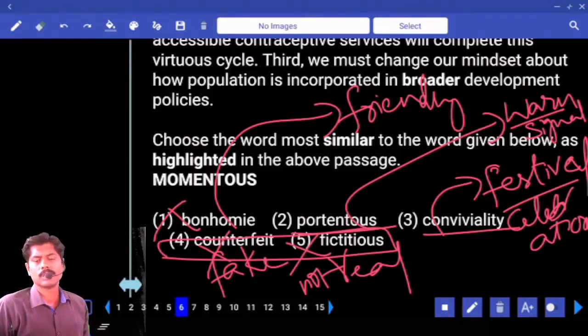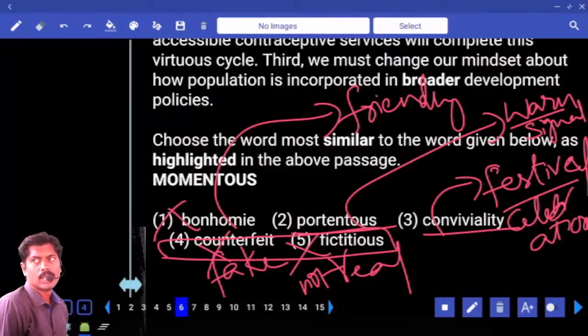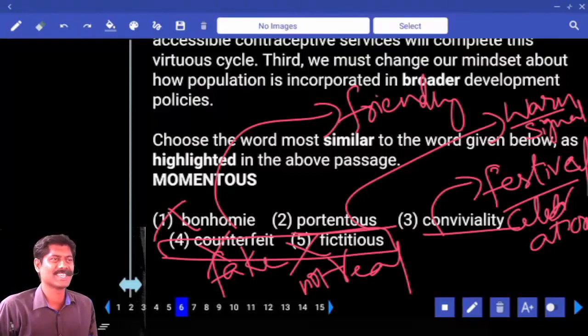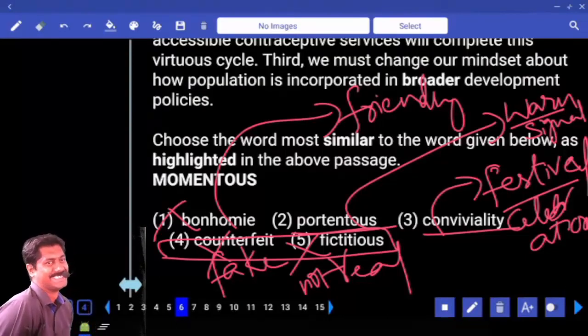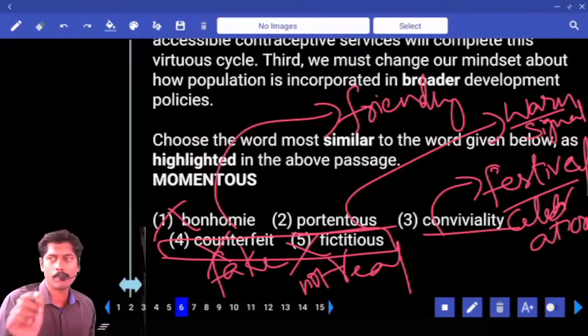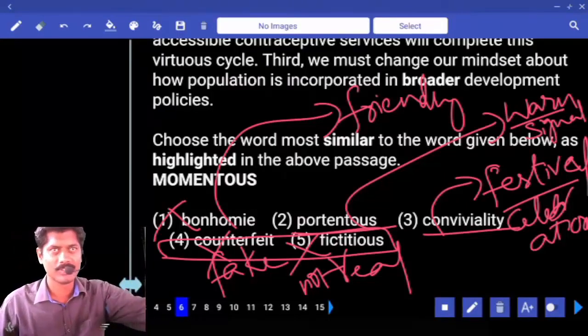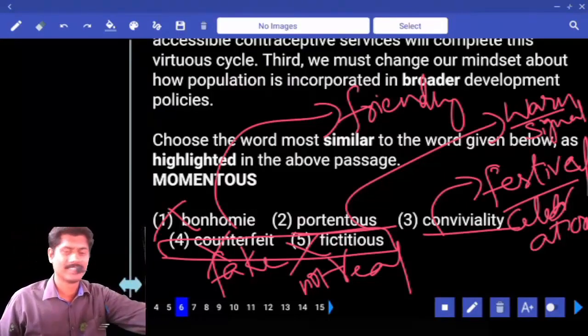Answer is 2, 3: portentous or conviviality. Is it a celebration if India is overtaking China in terms of population? It's a great occasion for us. Is it positive? Because we're talking about population, not economic growth, not Olympic medals.